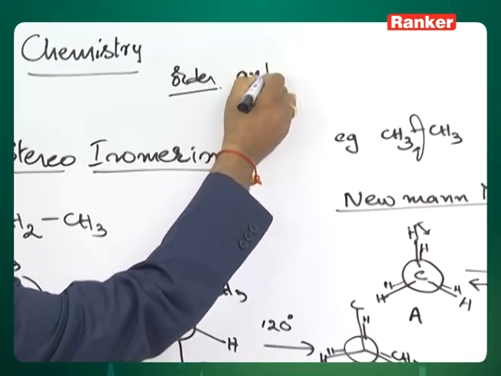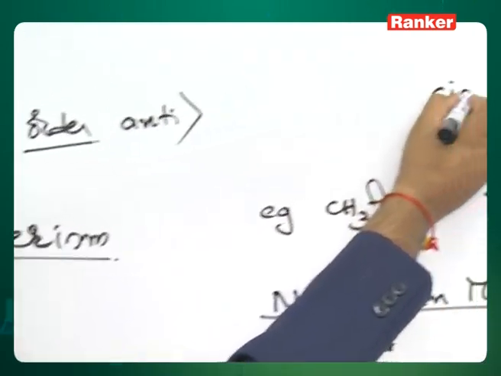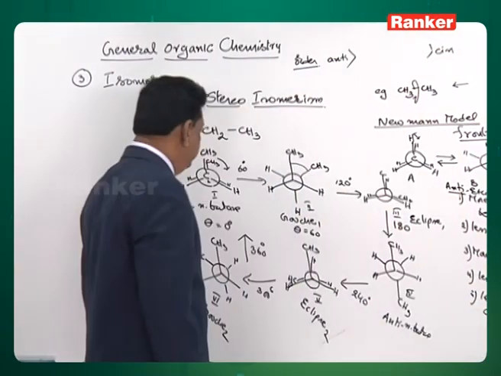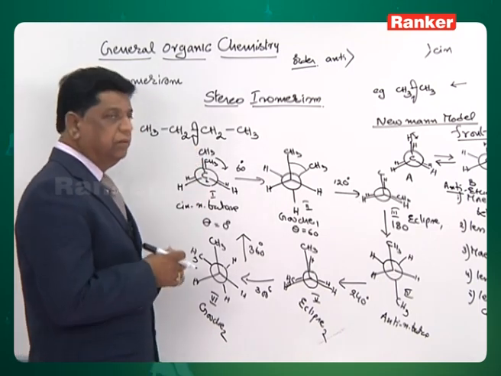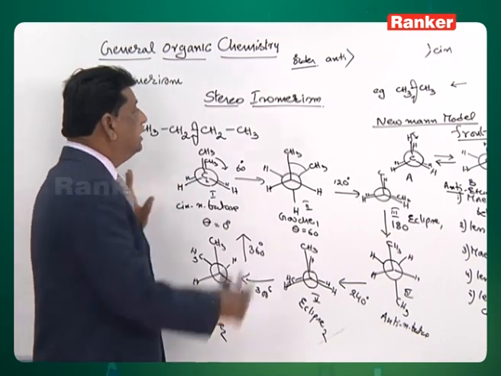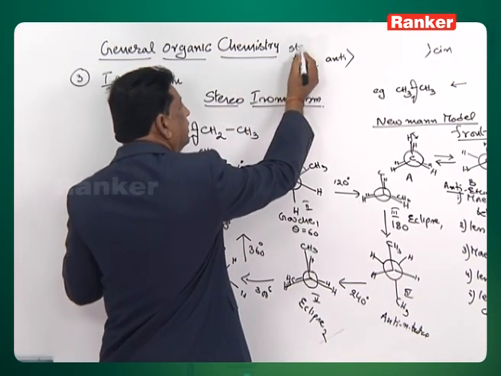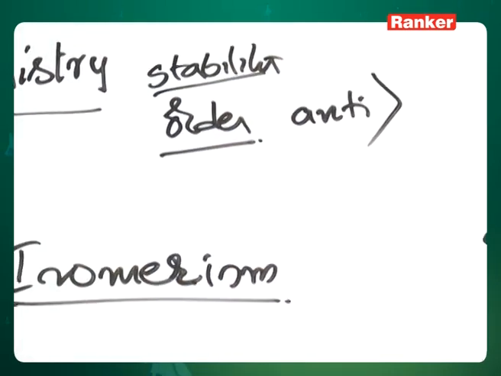Anti will be the most stable one, and syn will be the least stable one. Syn will be the least because there is more overcrowding, more repulsion, and potential energy is very high. So stability will be less. This is the stability order. So the most stable one is anti.